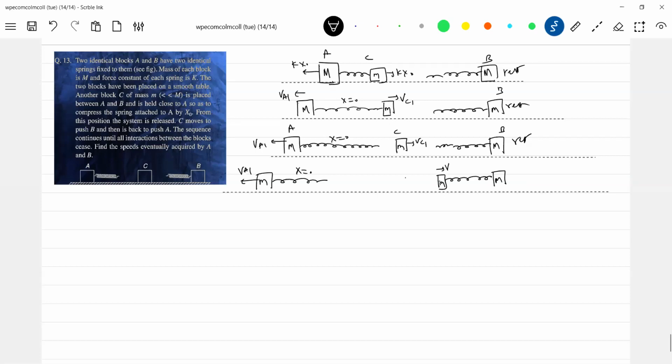What will happen to the velocity of the block? This will start decreasing, and this will be increasing. VB2, let me write it. VC will. So this will be under compression, no? KX2, I'll write it. Then maximum compression will occur.